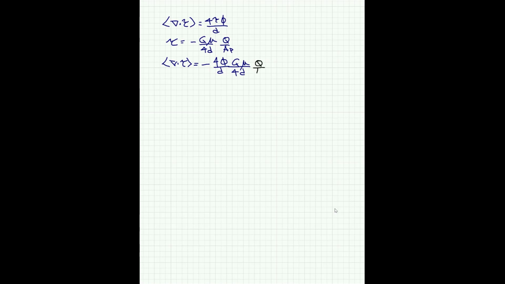Okay, so this is the substitution. That cancels. And I'm going to write this out again. Looks like we got d squared. And I'm going to put in q. And let's take a look at that. So that's the porosity.